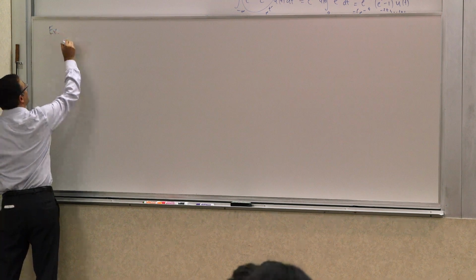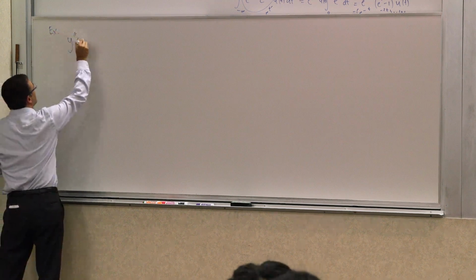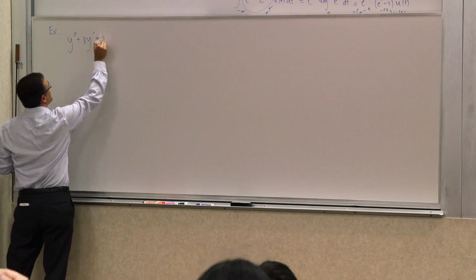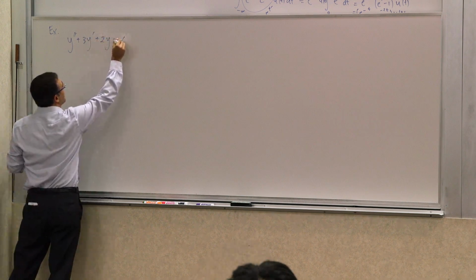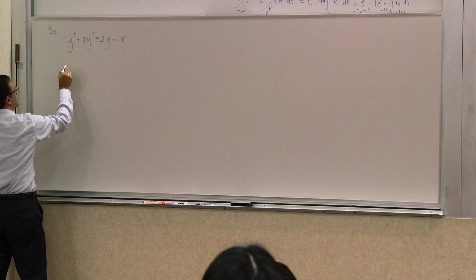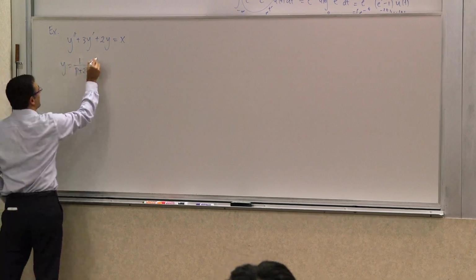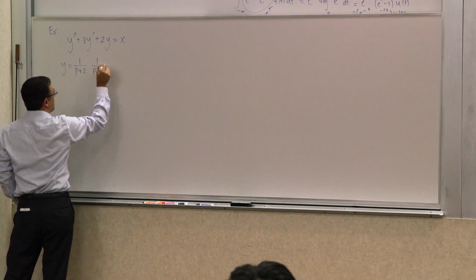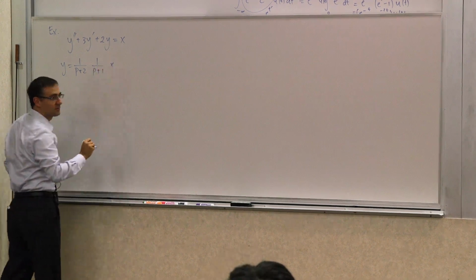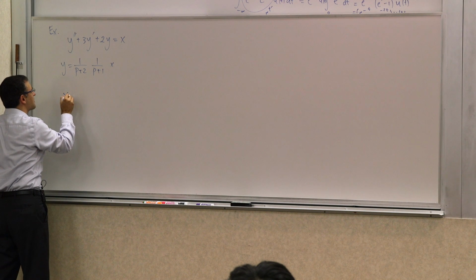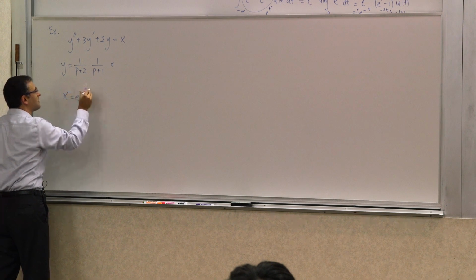Let's say we do another equation, y double prime plus 3y prime plus 2y equals x. And we saw that y could be calculated as 1 over p plus 2, 1 over p plus 1, or in the opposite order, of x. This time x is e to the negative t u of t.